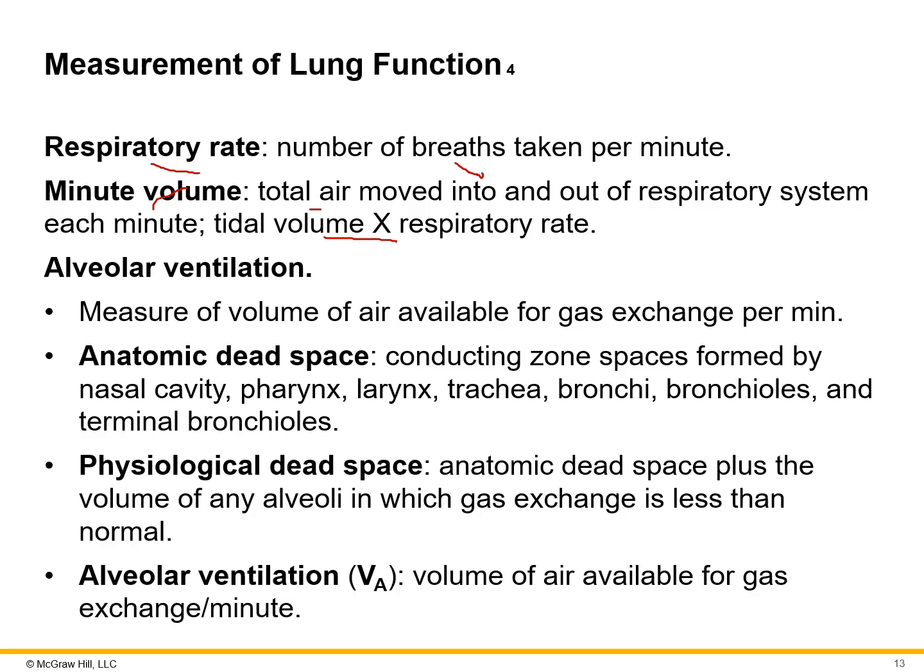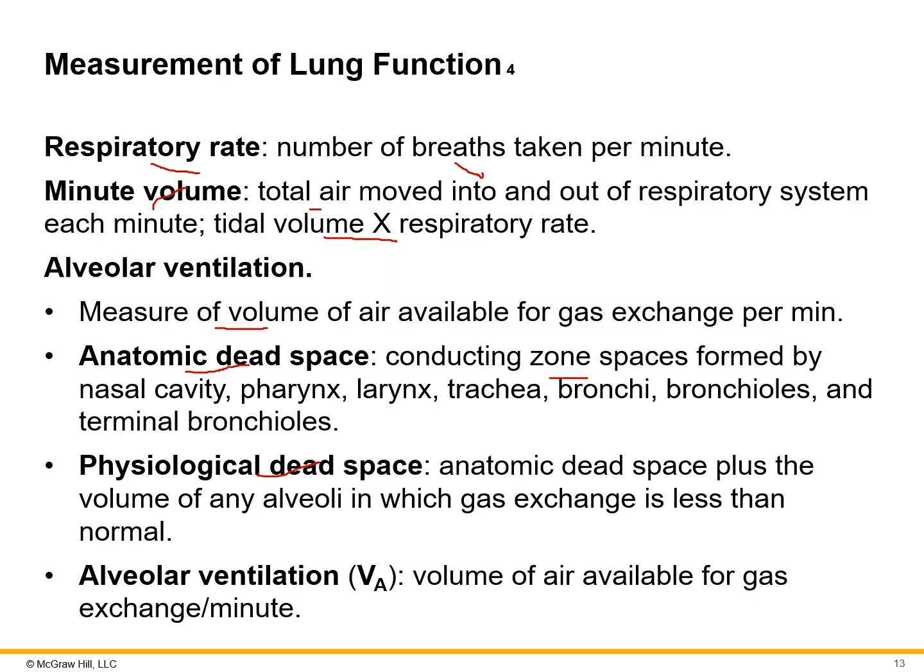Alveolar ventilation is the measure of volume of air available for gas exchange. So we have what's called the anatomic dead space, the conducting zone space formed by the nasal cavity, the pharynx, all of those portions, that makes up that dead space. Then we have physiological dead space.